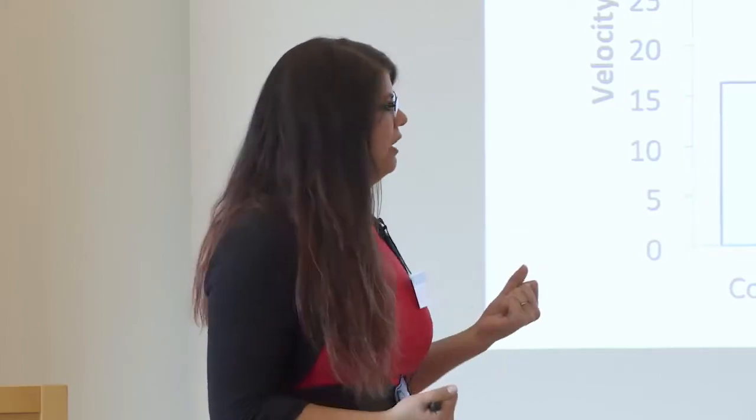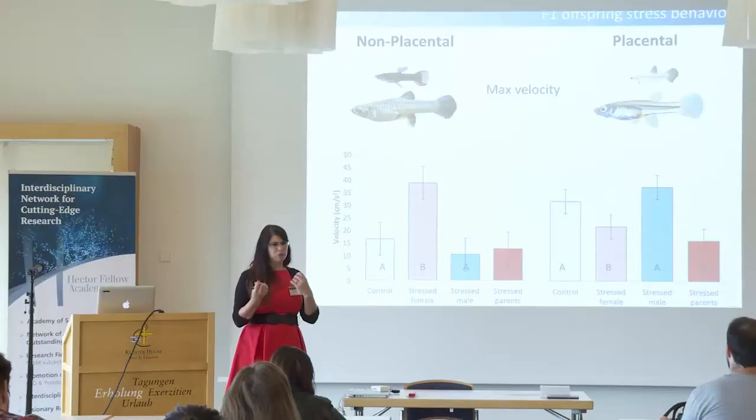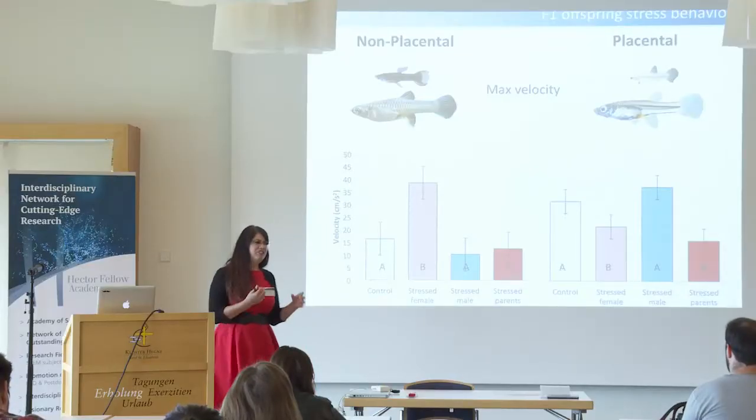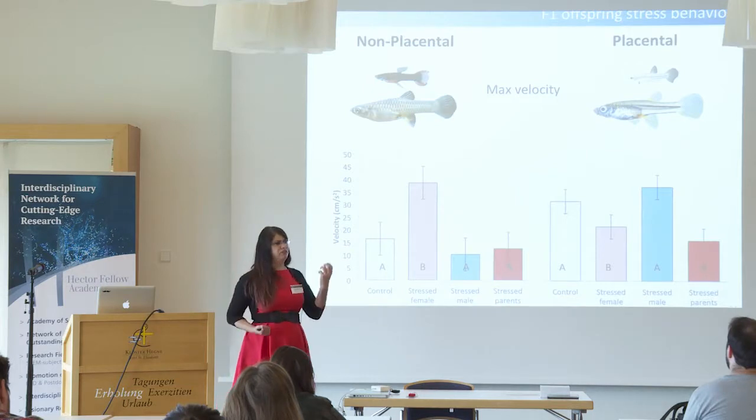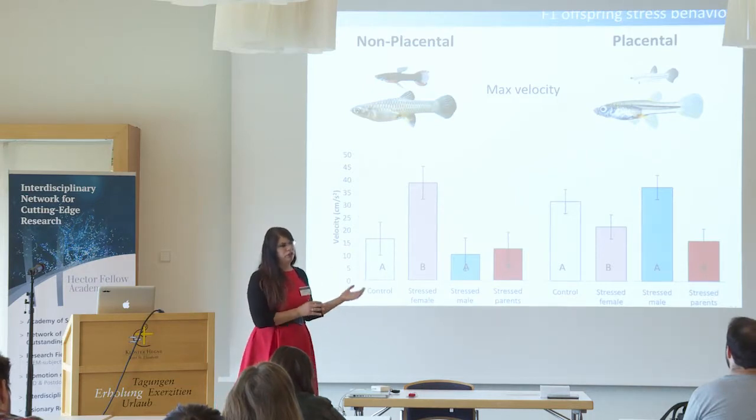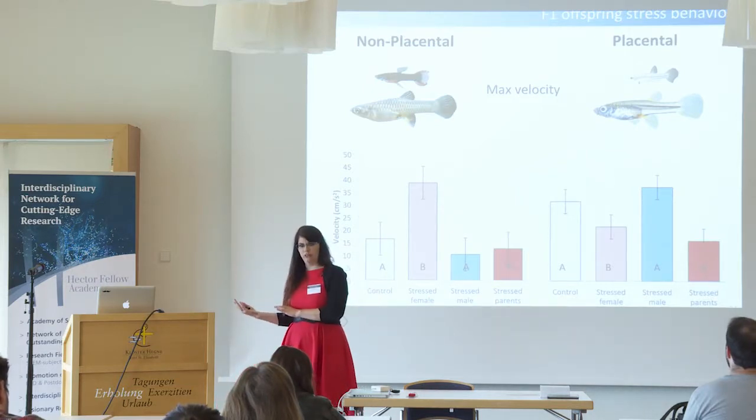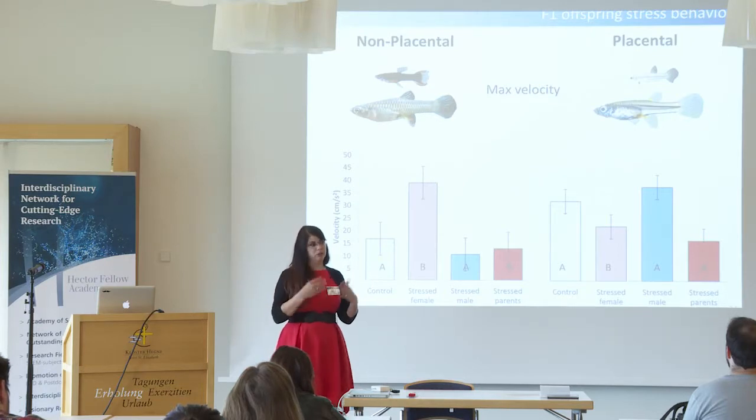So whether this is an adaptive behavior is arguable, but there's some sort of effect going on. And we're seeing this across most of the behavioral variables we measured, where males influence certain behaviors, females influence other behaviors, and sometimes we're seeing the complete opposite within the same behavior.